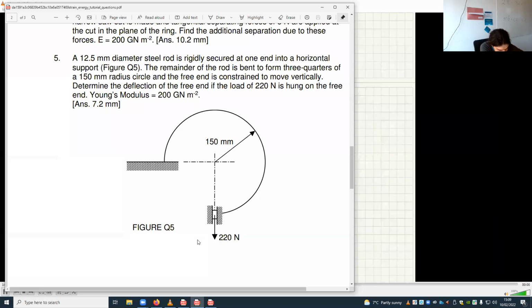So let me draw this first. And this is a 3/4 of a circle, as you can see.